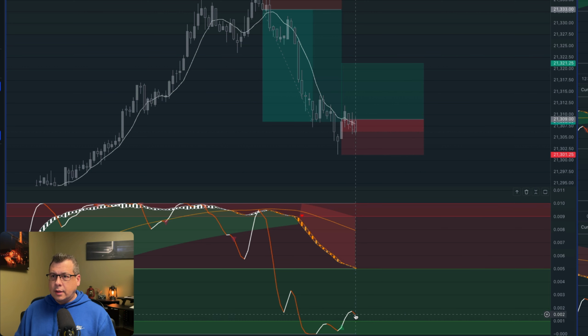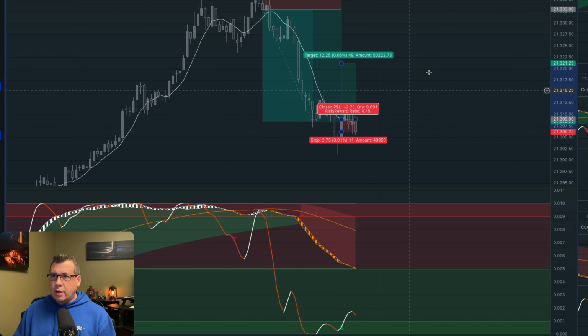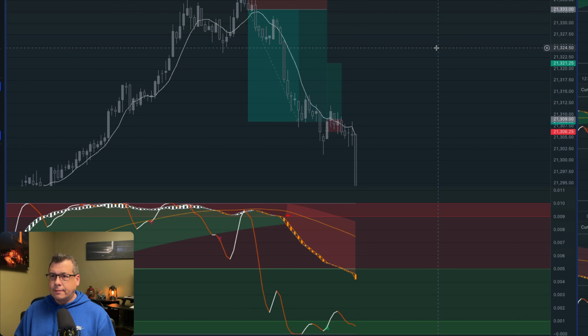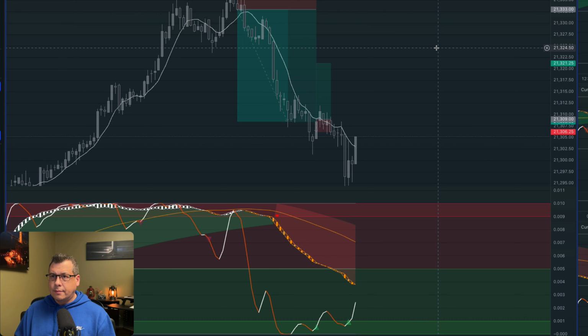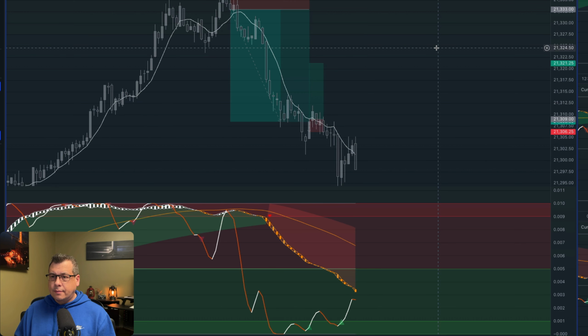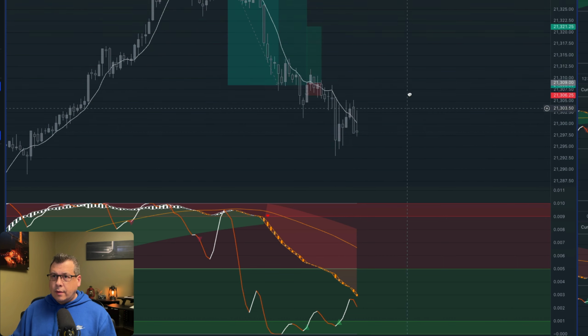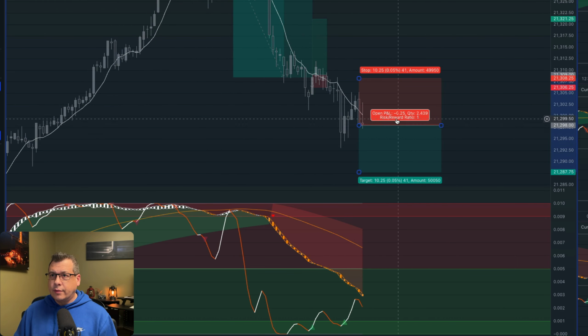And it ticked down while we're underwater, so I'm going to go ahead and exit for a small loss. Now this move right here satisfies a requirement for an impulsive breakout move to the downside.